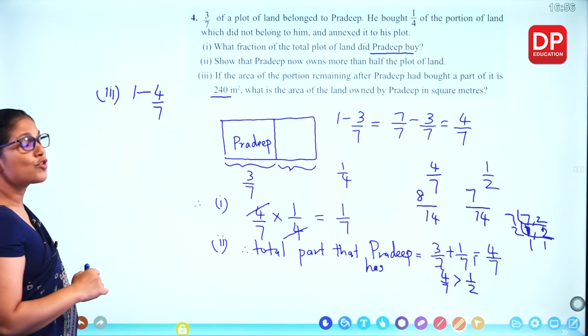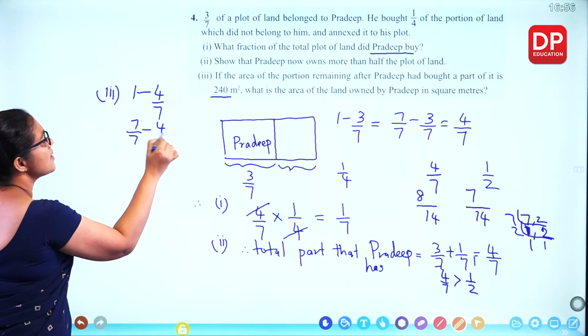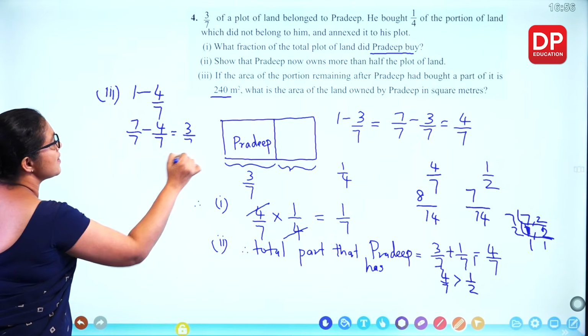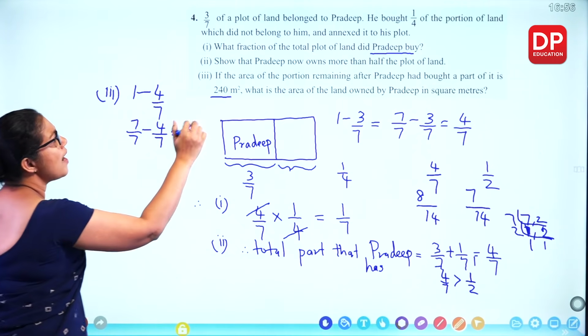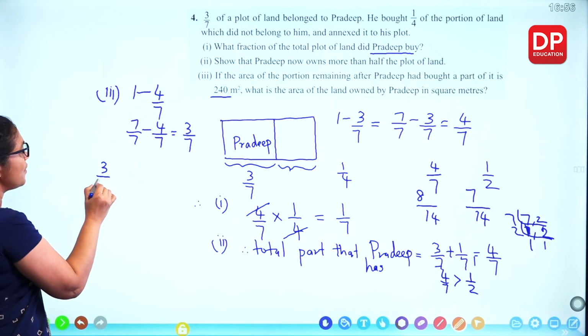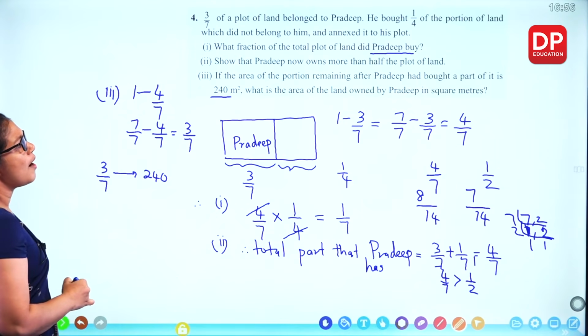So how you simplify? You can write as 7 parts out of 7, subtract 4 over 7, you get 3 sevens. So that part is 240. So you can write 3 sevens means 240 square meters.